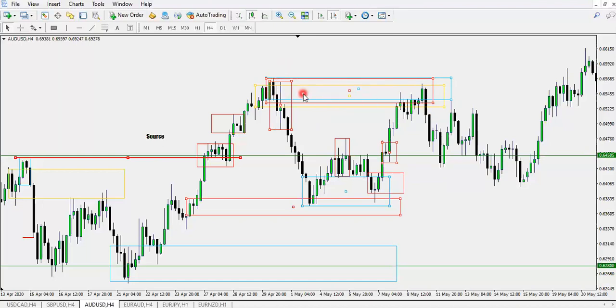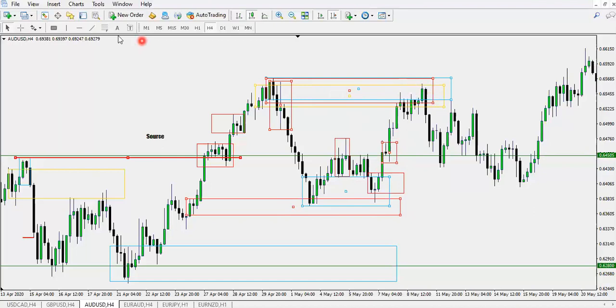So now not only when price came off of our source at this peak formation low over here, rallied up and created some bullish momentum with these bullish order flow, we can see it rallied into our breaker, it rallied into our bearish order block, and it rallied into our source.